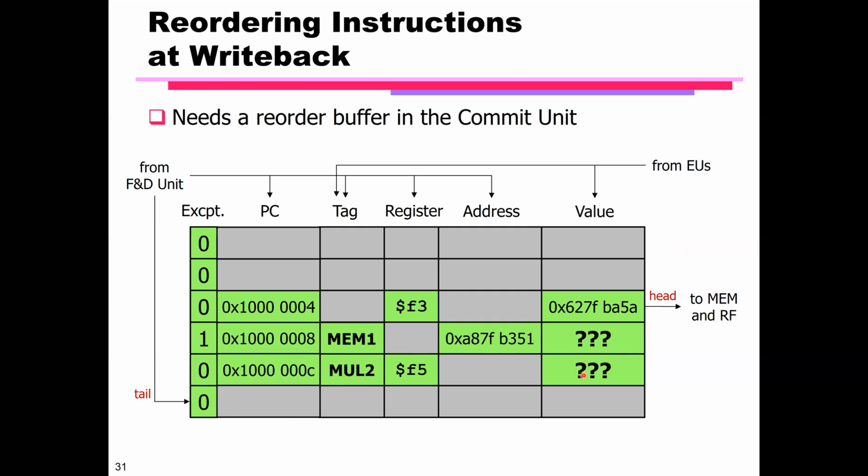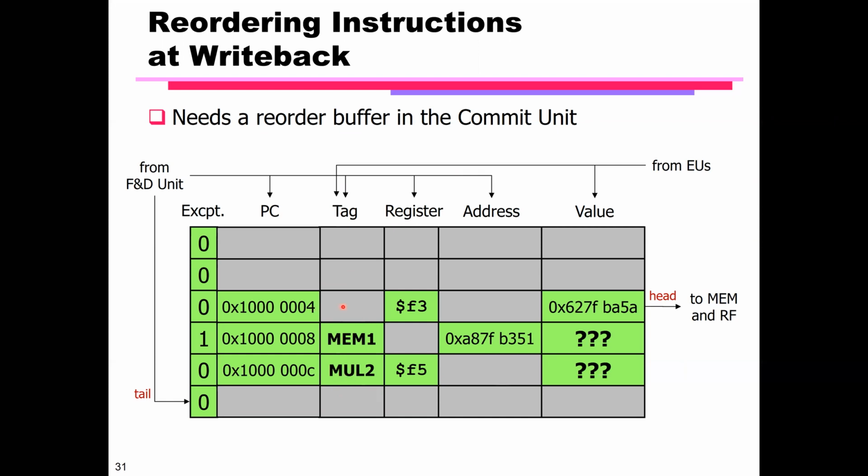As the execution progresses, I will inform the reorder buffer of all the new results from the execution unit, exactly in the same way that I inform all the reservation stations. I look in here for the tag of the instruction that has just been executed, and I replace the tag with the value.